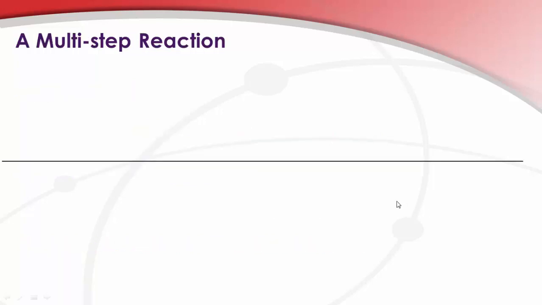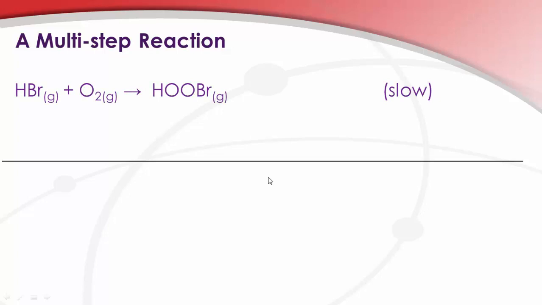Now, to illustrate this idea, let's take a multi-step reaction. So we're going to dig deep now into a reaction mechanism. So our multi-step reaction is this: hydrogen bromide reacting with oxygen to form this guy that I'm not even going to try to name.